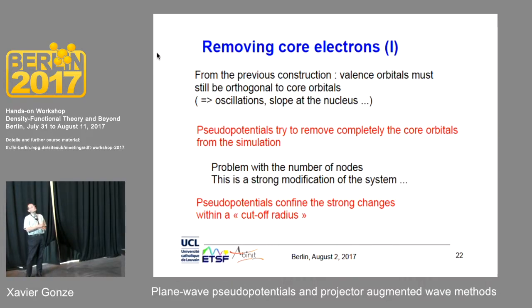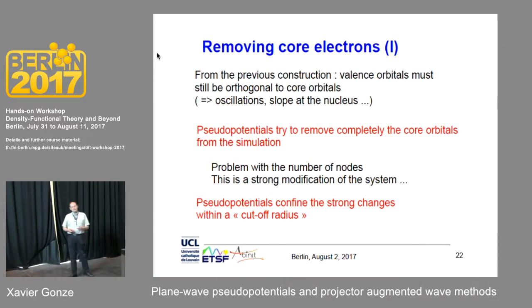Pseudopotentials will try to remove completely the core orbitals present from the simulation. No orthogonality will be needed. Of course, for those who know the characteristic of the one-dimensional radial function, there is a problem with the number of nodes that are present for the higher lying function. So it's a really strong modification of the system.